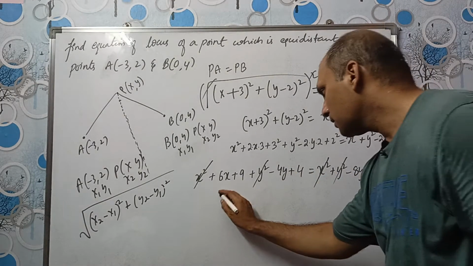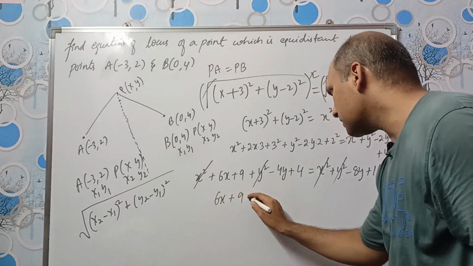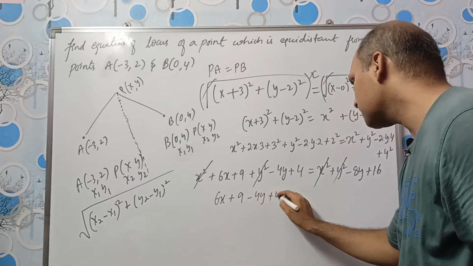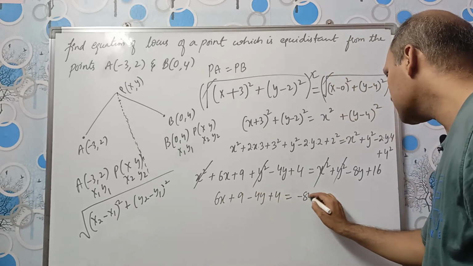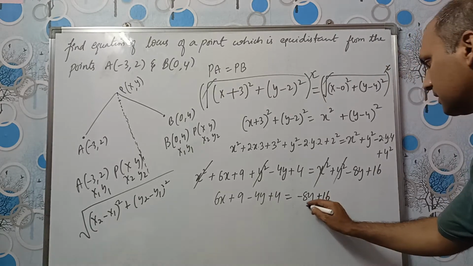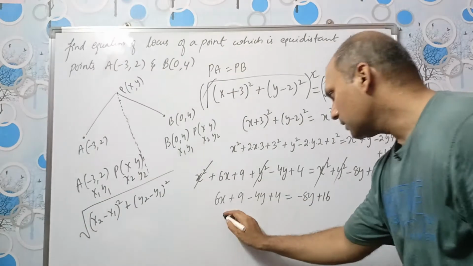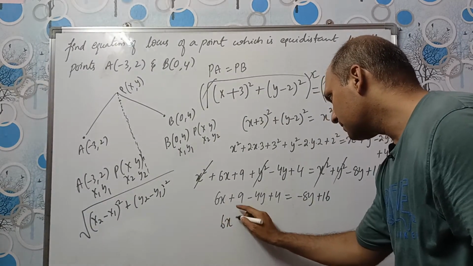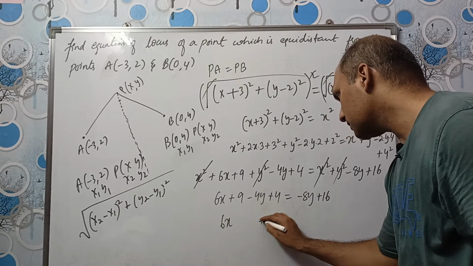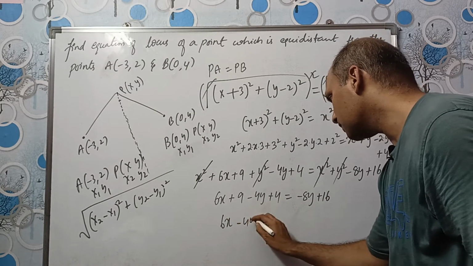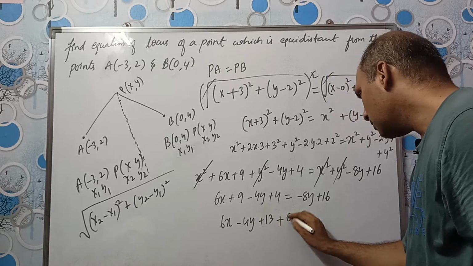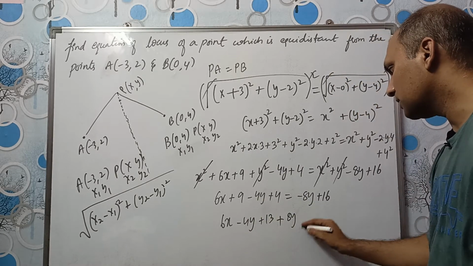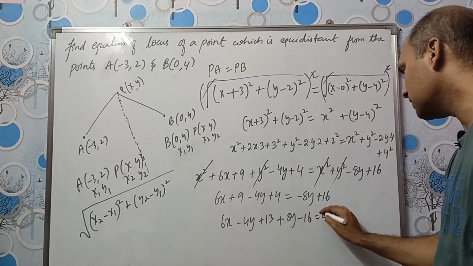So 6x plus 9 minus 4y plus 4 is equal to minus 8y plus 16. Let us send these terms also to this side. So this is 6x, 9 and 4 is 13, and we'll write minus 4y here plus 13 plus 8y. This minus goes to the other side and becomes plus, and this plus goes to the other side and becomes minus.